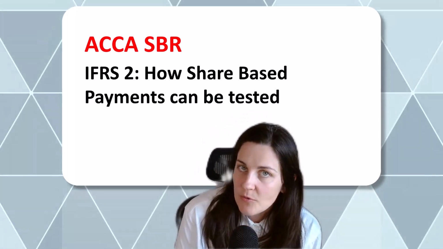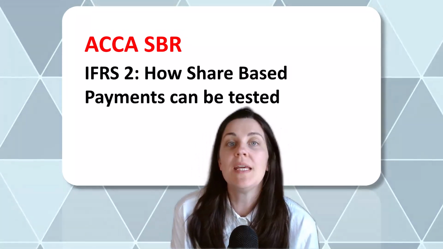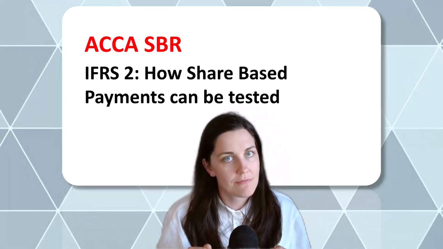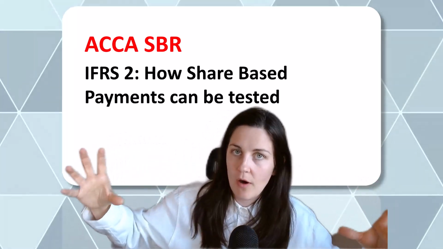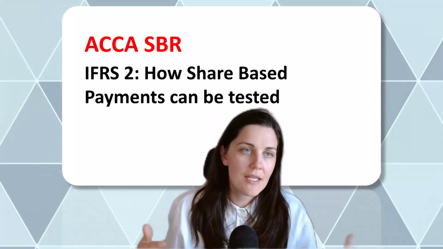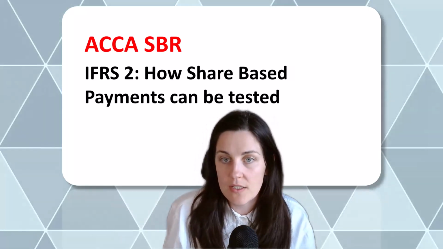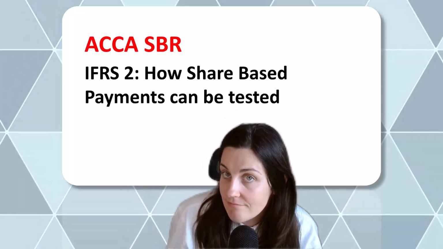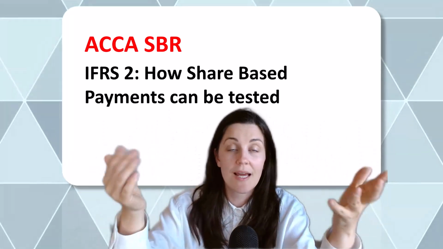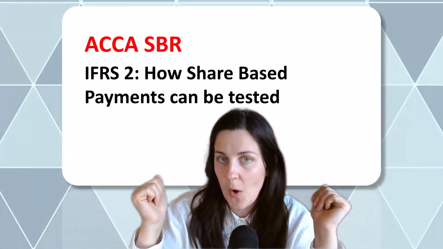The next type of question that you are going to meet is modification of equity settled schemes. So the scheme was, let's say, for 5 years, and in 2 years, the company decided to revise it, making it easier or harder for employees to get those very shares. And in this very case, you will need to basically calculate 2 share options.